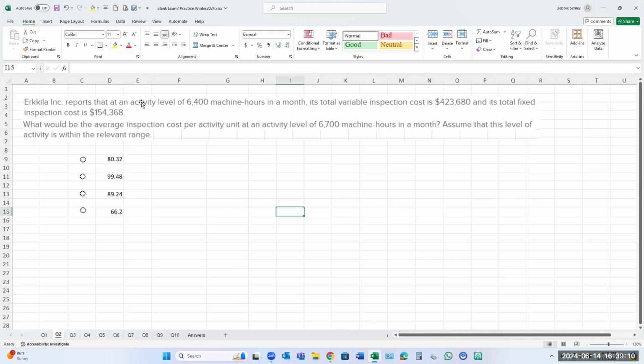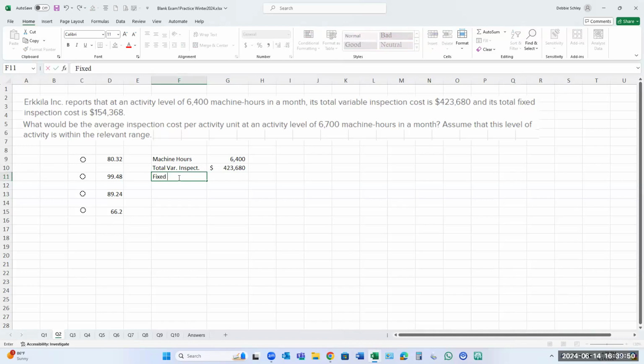Erlica Incorporated reports that at an activity level of machine hours in a month, the total variable inspection cost is going to be 423,680, and its total fixed inspection cost is 154,368.